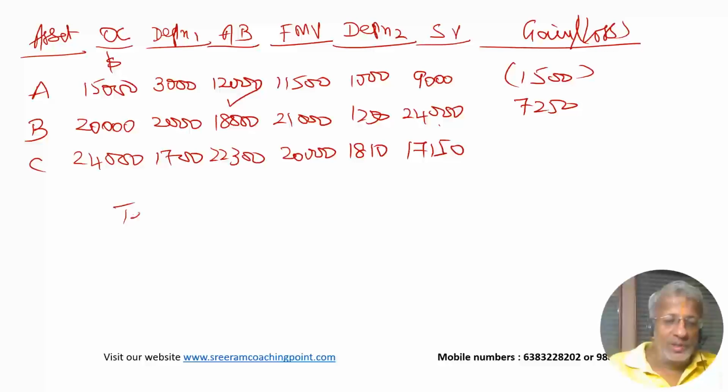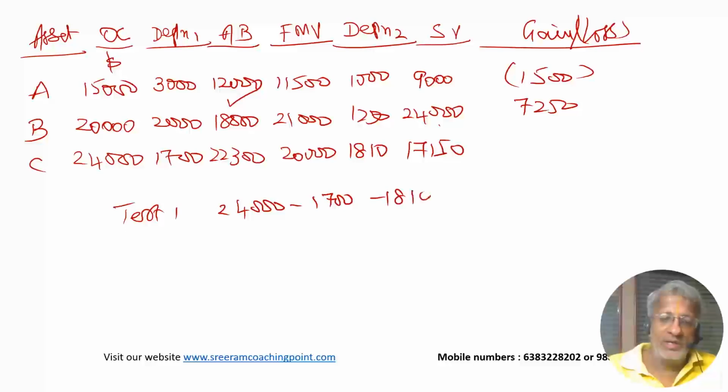So test 1. Whether it is resulting in gain or loss, firstly we will find out. So 24,000 original cost minus 1,700 first level of depreciation minus 1,810 the second level of depreciation. That has to be compared with the sale value of 17,150.